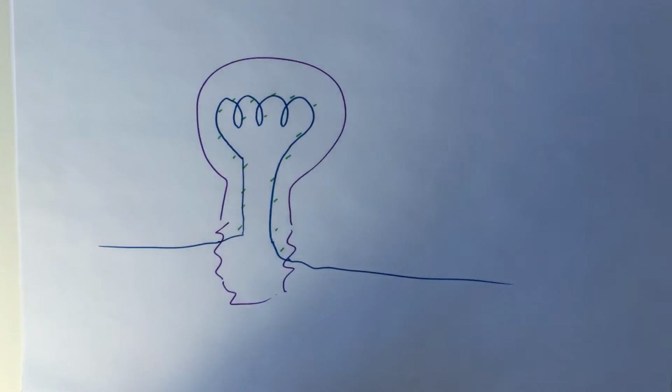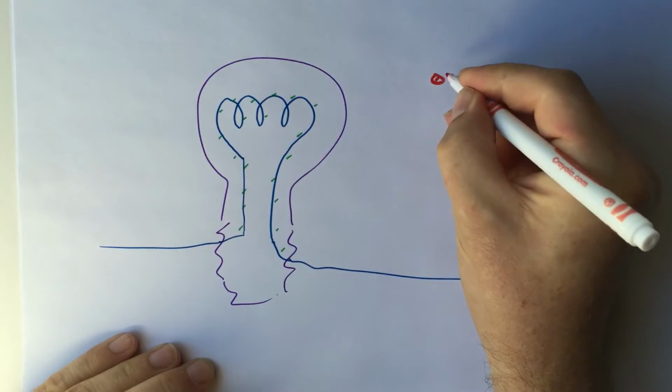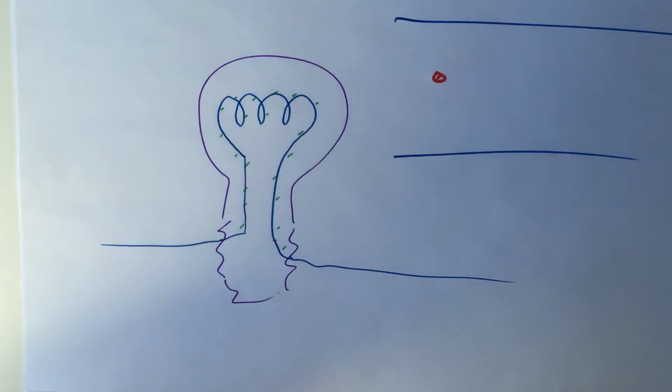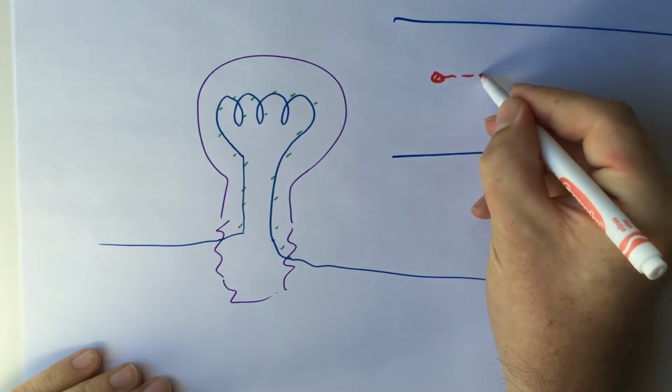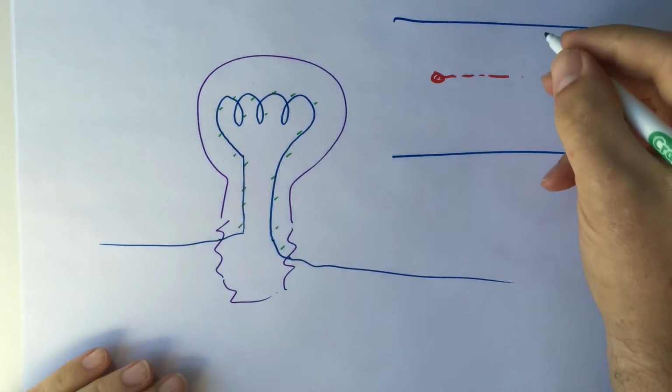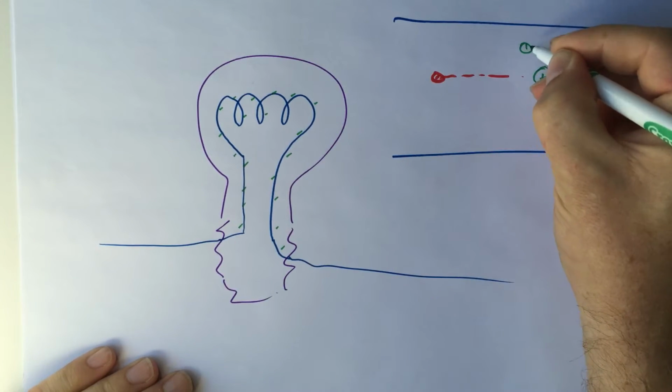Now, that doesn't mean that they're just traveling in a straight line. If this is one electron inside my wire, it doesn't just start marching in one direction, because also inside my wire are all of these positive ions.